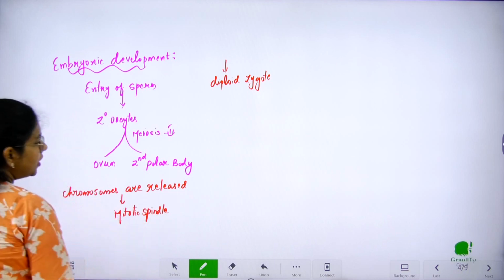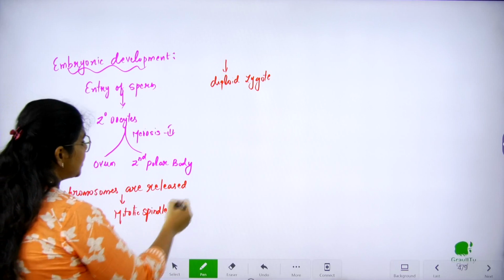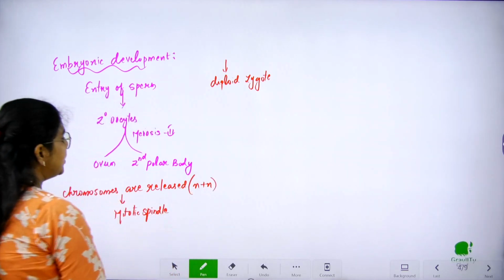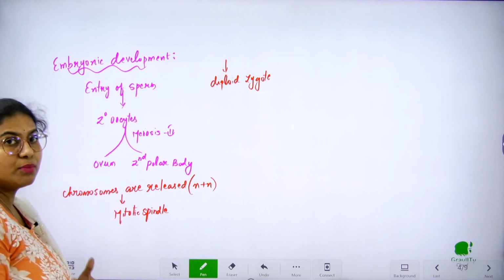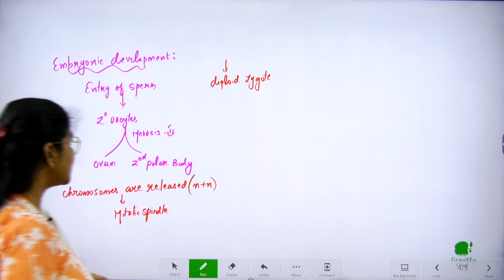So that is a 2N ploidy: N chromosomes from the sperm as well as N chromosomes from the ovum. Now they have formed a mitotic spindle, and cells will divide through mitosis. Those divisions we call cleavage divisions.